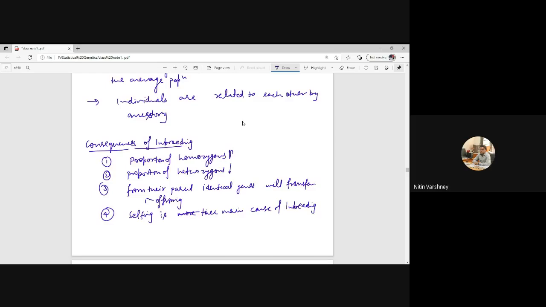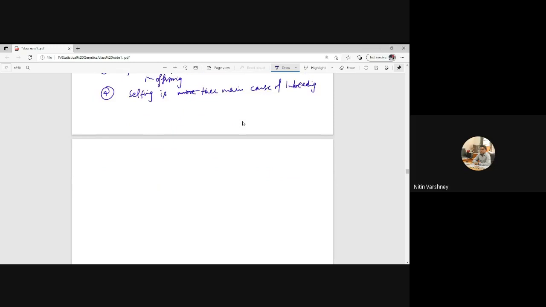Now if the question is like, at each generation how much percentage of heterozygosity will reduce, can anyone tell? At each generation, how much percentage of heterozygosity will reduce?